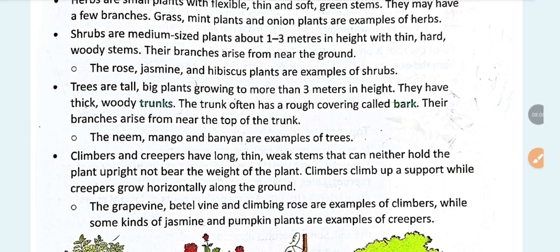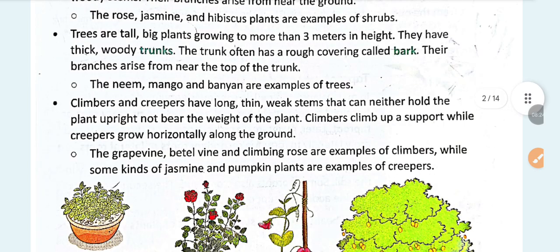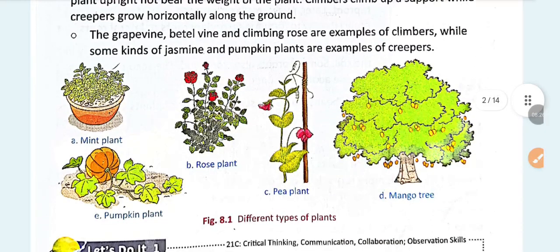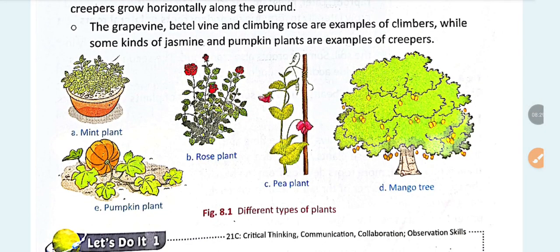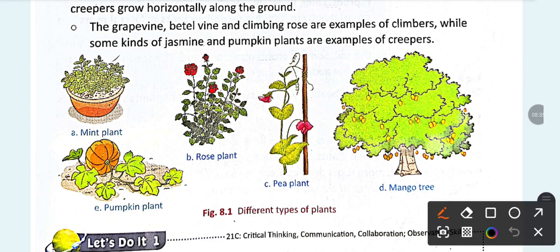If you have seen climbers or creepers, they are thin, like grapevine, betel vine, climbing rose, money plant, and grapes, and watermelon and such plants would be climbers and creepers, and hence they cannot get support of their own. Here you can see every kind of plant.